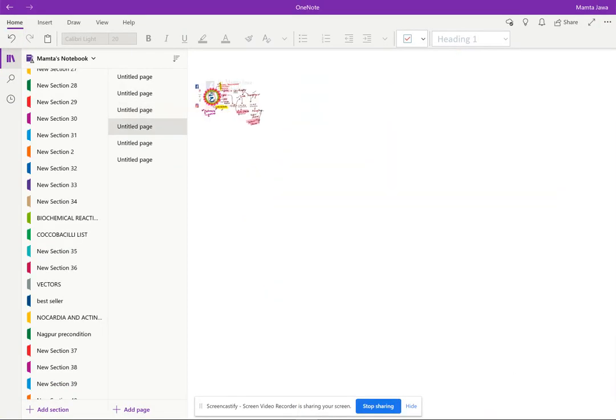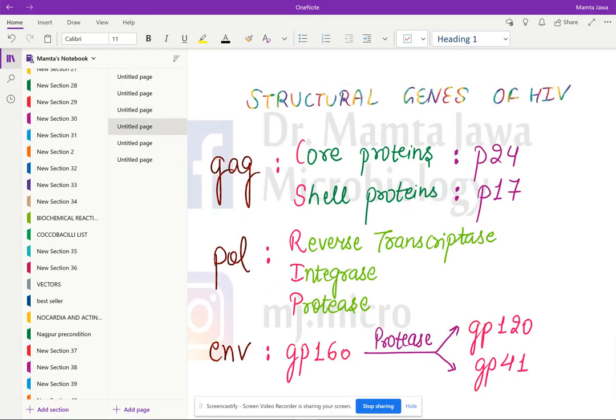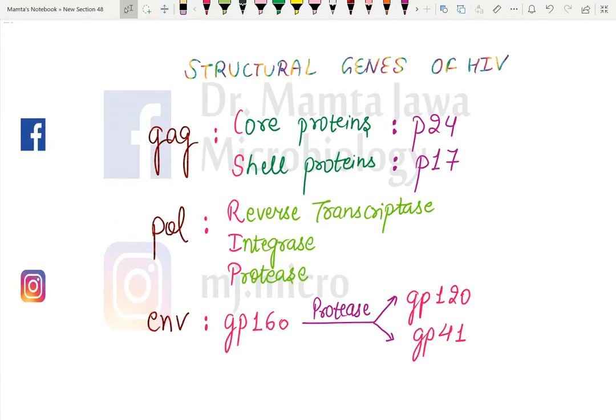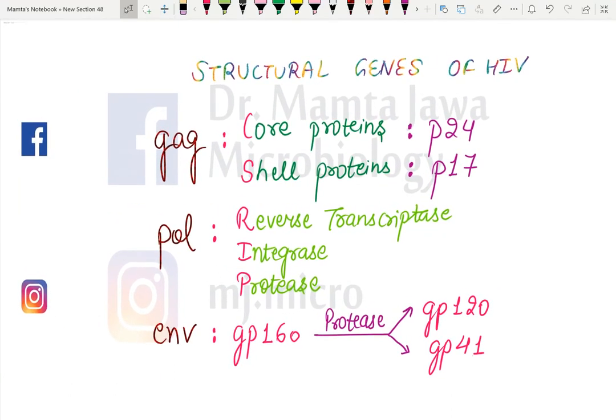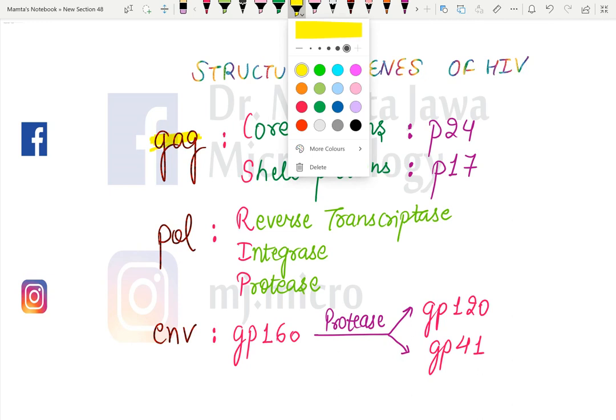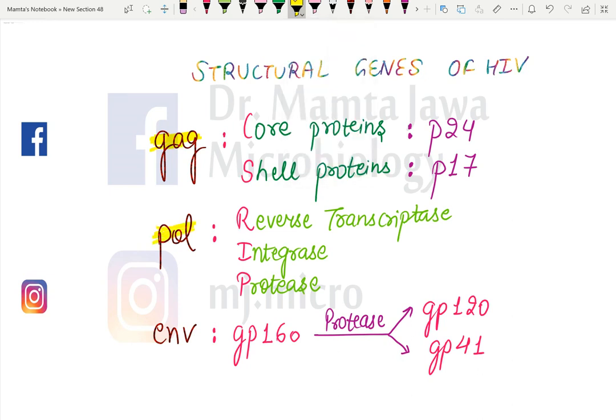Now, other than this, we have got the genes of the HIV, that is the structural and the non-structural genes. The structural genes you can easily remember as GAG, POL and ENV. Now, GAG gene encodes for the core and the shell proteins.